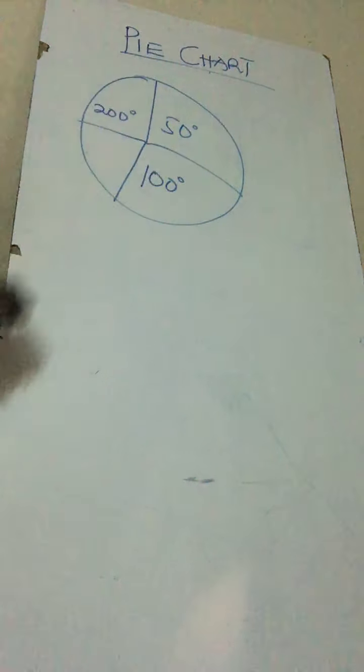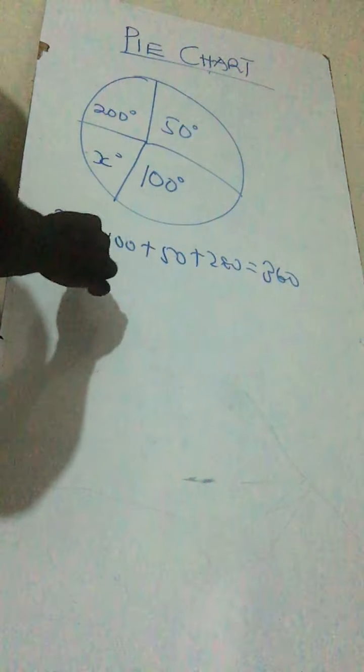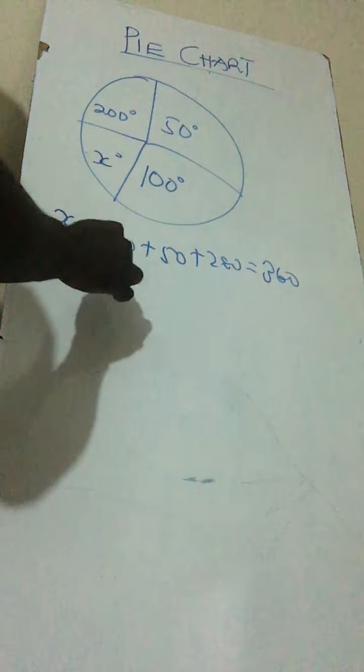They will always leave one which they want you to find, applying that angles in a circle add up to 360. Assuming we don't know this side, you just add everything: x plus 100 plus 50 plus 200 should give you 360, right? So you get x to be 10 degrees.